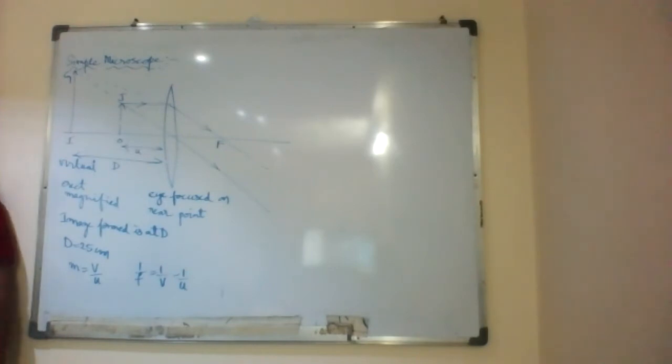You cannot say that for this it will be minus. Both will be minus, so minus V by minus U. Heights are also positive, H dash by H is also positive.